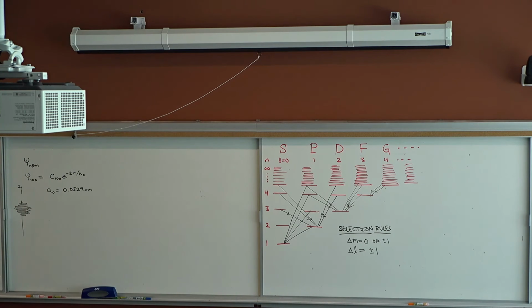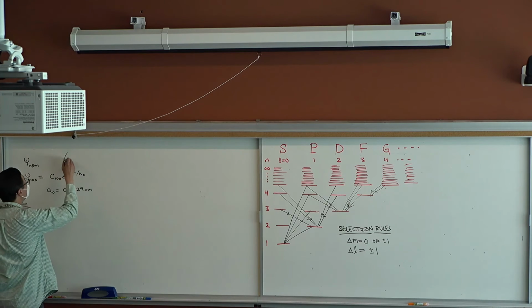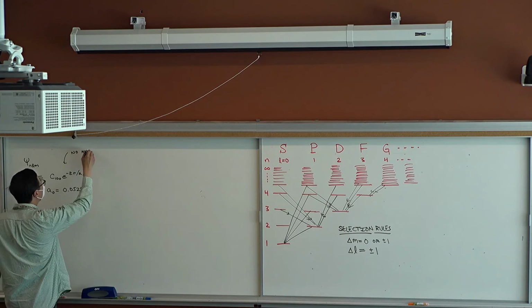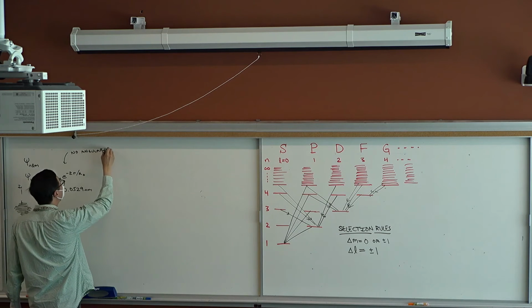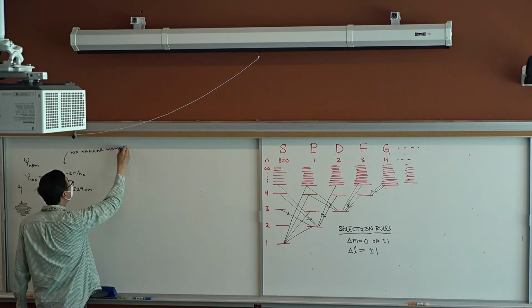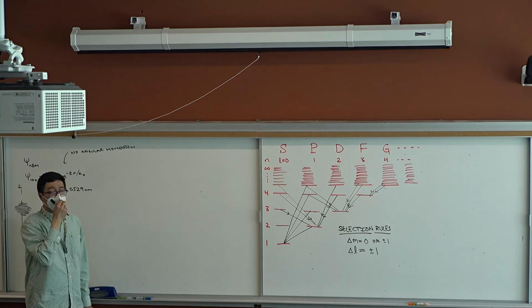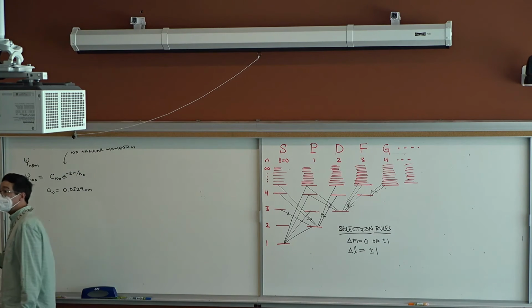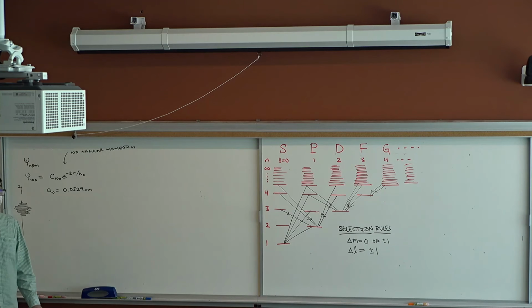Remember, how did Bohr make the Bohr atom work? Bohr did it by quantizing the angular momentum of the electron. That was how he came up with the allowed energy levels.